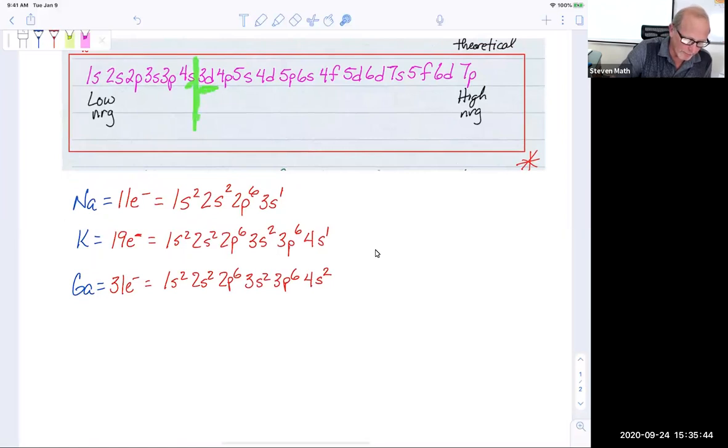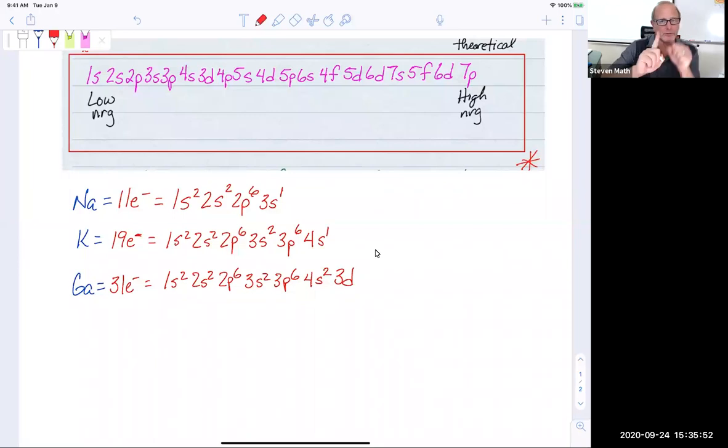Next up is going to be 3d, and all d orbitals can hold 10 electrons. So up to now, I've got 10, 18, 20, 30. I've got one more electron to put in, and the next orbital I get is 4p1.